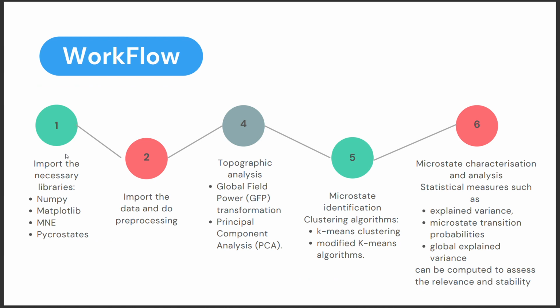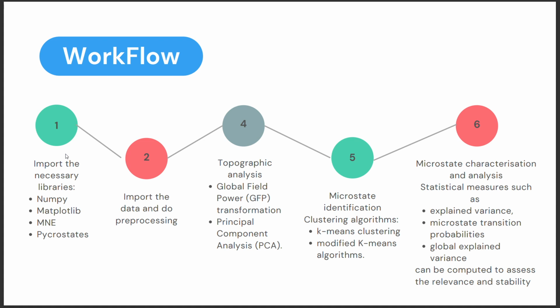Now, in this project, this is the workflow that I followed. The microstate analysis of 111 EEG is done using a novel approach where the EEGs are averaged into a single EEG data representing a healthy brain signal.